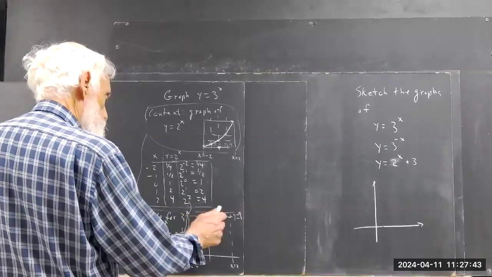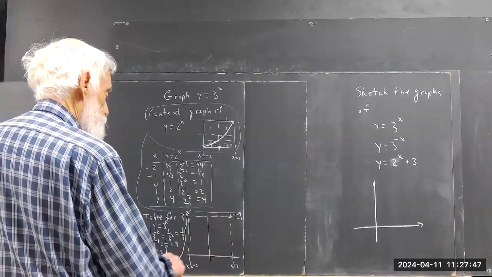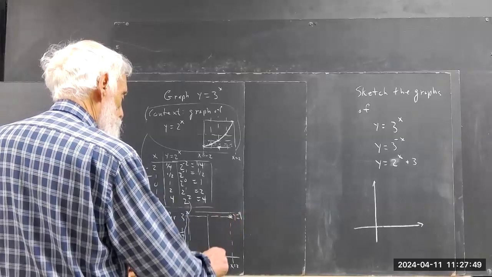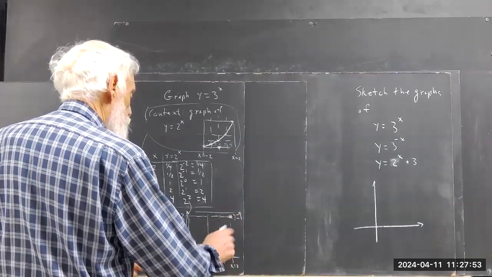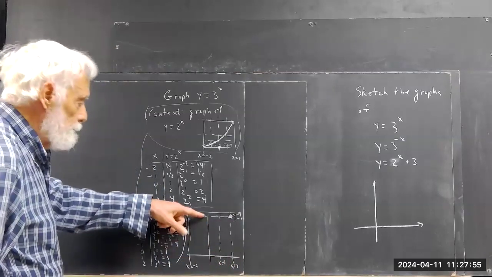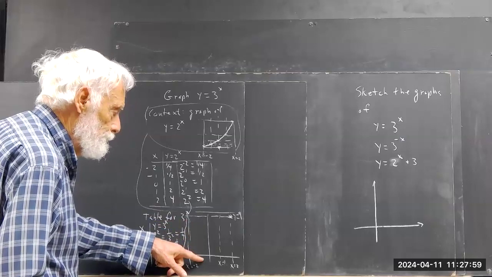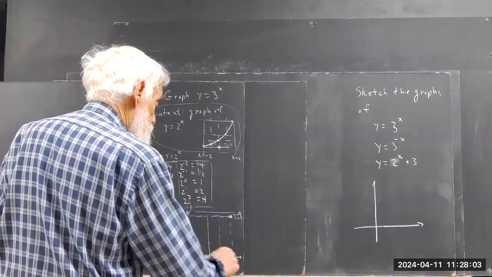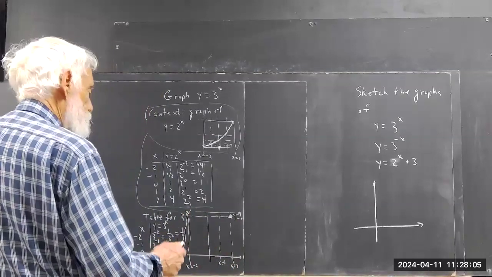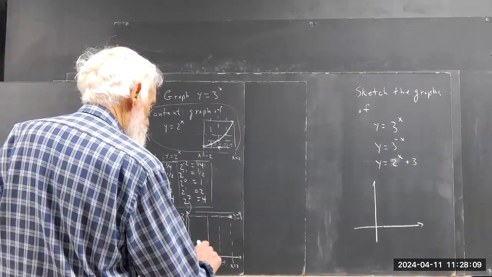And now we can start sketching points. When x is 2, y is 9. So we have this point. When x is 1, which occurs here, y is 3. Where's 3? If 9 is up here, where's 3? Well, it's twice as close to the x-axis as it is to the y equals 9 line.